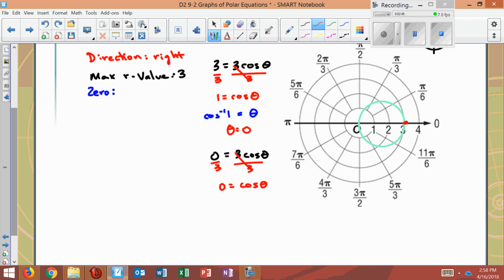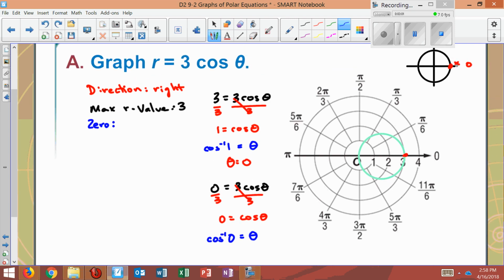This time, when I take the inverse, I'm going to be looking for the inverse value of 0, cosine inverse of 0. That'll be equal to theta. So where are my x values equal to 0? So when I look on this, x is 0 here in the middle, and the circle exists there and there. This spot is 3 pi over 2.